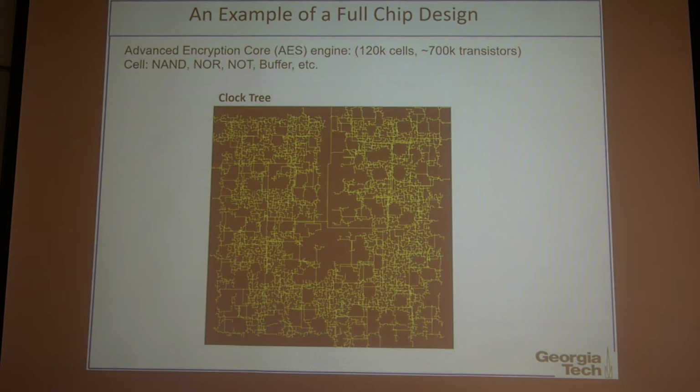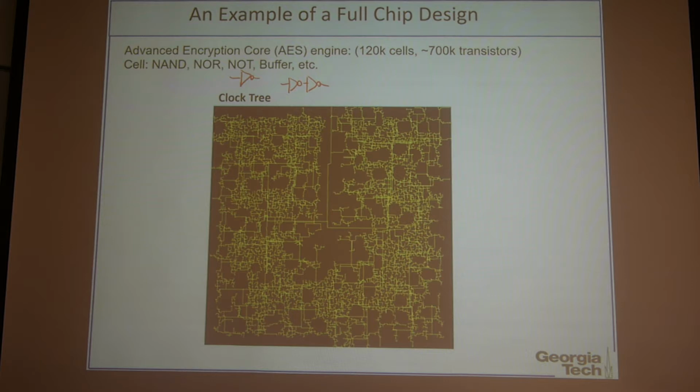It has 120,000 cells. The cells means basic logic gates, like NAND, NOR, or inverter or buffer. So inverter is the NOT function. And buffer, if you have two inverters, then you are going to have the same signal. Then it's like you buffer the signal. So it's all this kind of cells, and then you have 120,000 cells like this.